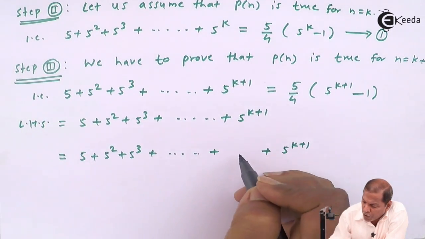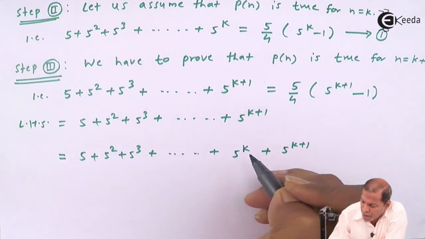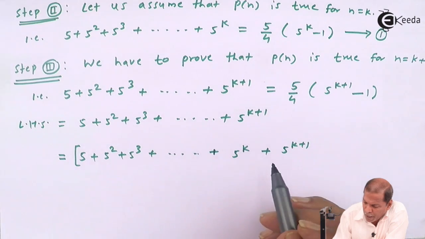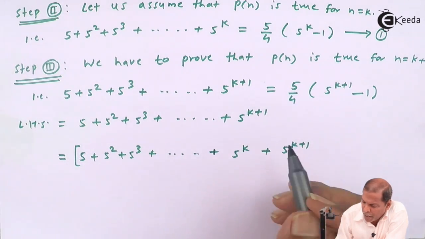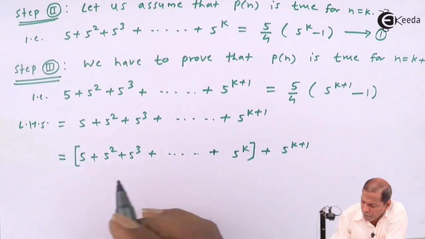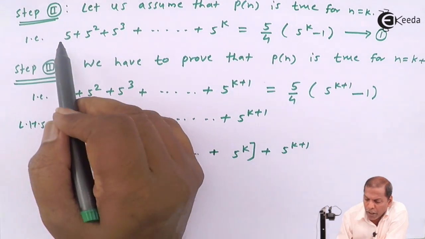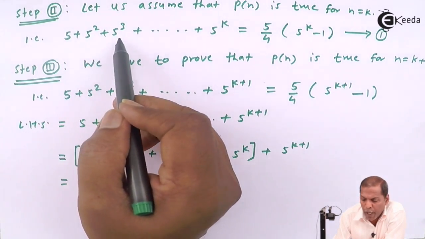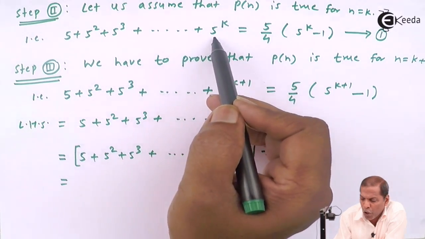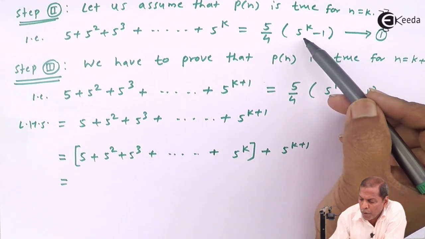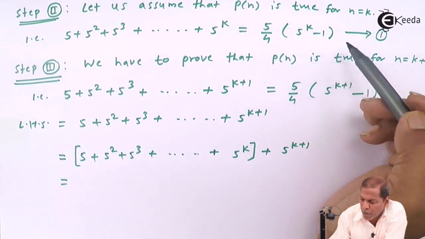The second last term is 5^k. Now here we make a bracket from 5 to 5^k. By using equation 1, 5 + 5² + 5³ + ... + 5^k is equal to 5/4 (5^k − 1).